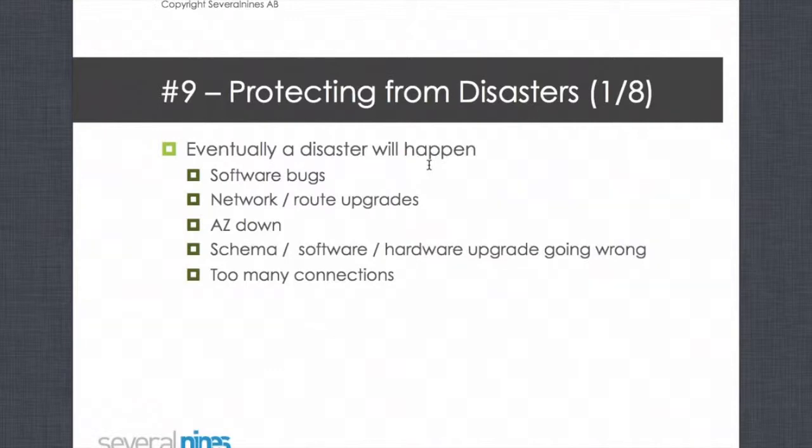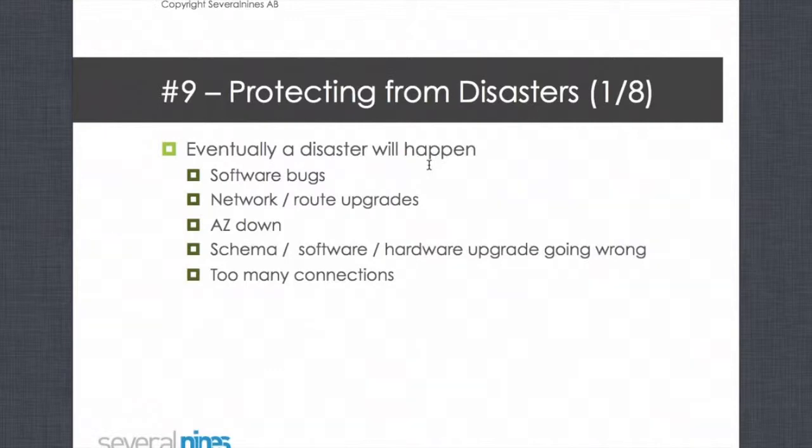Or if you're running in Amazon, for example, an availability zone goes down, Galera then propagates further to regions, and then you can have a big problem too. It can also be that your schema upgrades or any upgrade that you're doing goes severely wrong, and things are happening that you didn't expect.